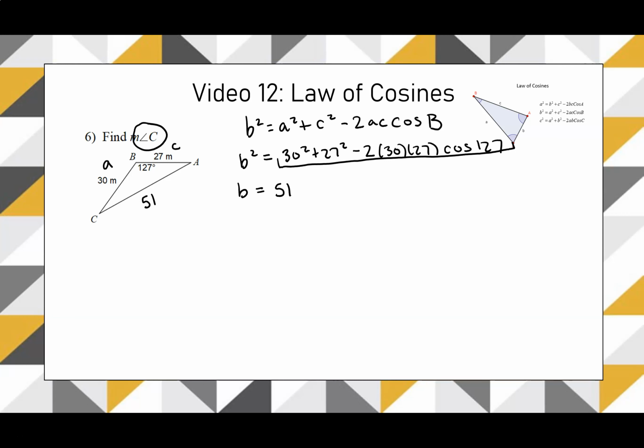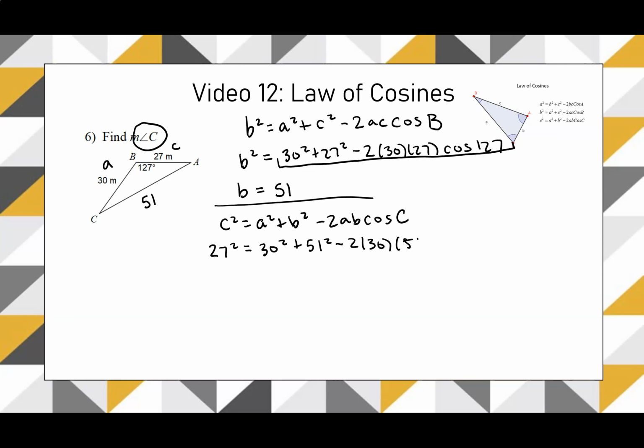And now I need to find angle C. So to do that, I need to write my C squared equals A squared plus B squared minus 2AB cosine C. All right, plugging into this, I'm getting 27 squared equals 30 squared plus my B squared, which is now 51 squared because I found that in the last problem, minus 2 times 30 times 51, and then cosine C. Finding these three sections is next.